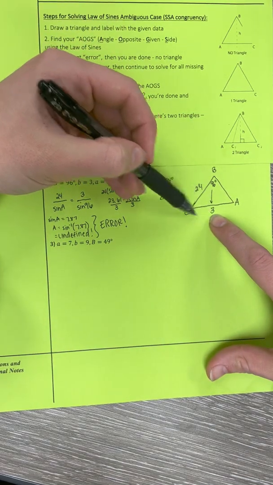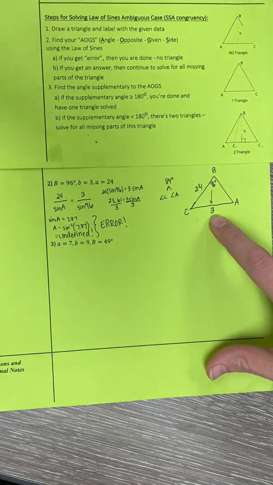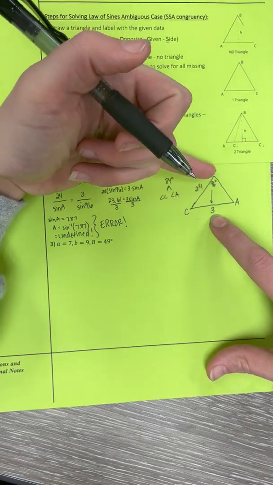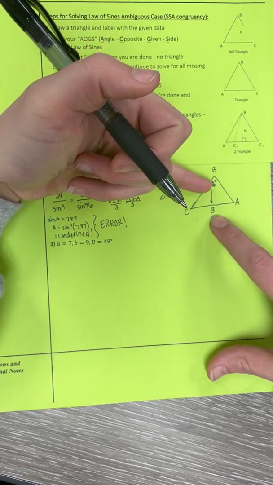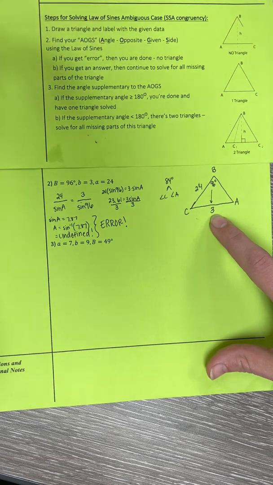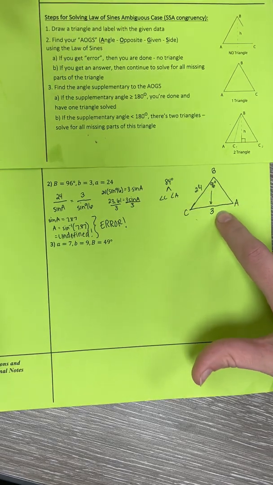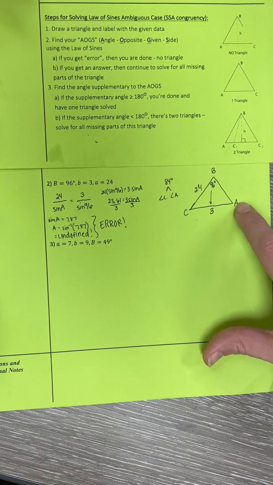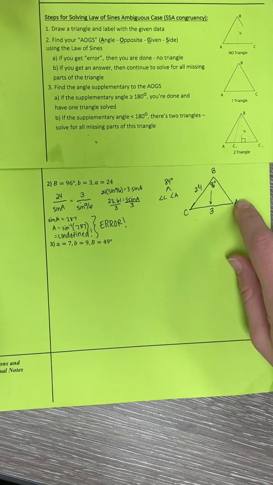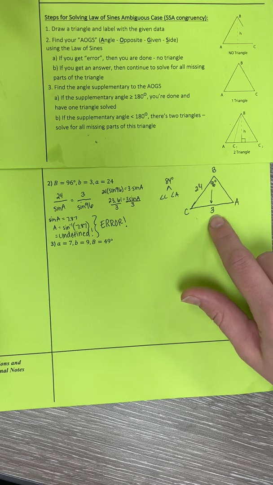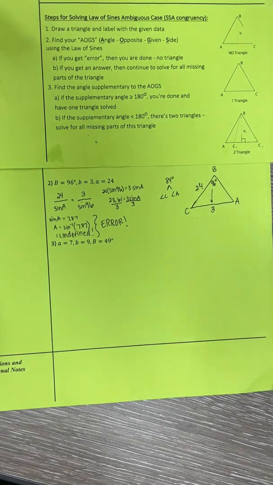That would mean that since B has the greatest degree measure, leg B would have to be the longest leg, and it's not, because leg A is longer than leg B, even though the degree measure for A would have to be smaller. It would have to be longer than the 96 degrees, and that's impossible.